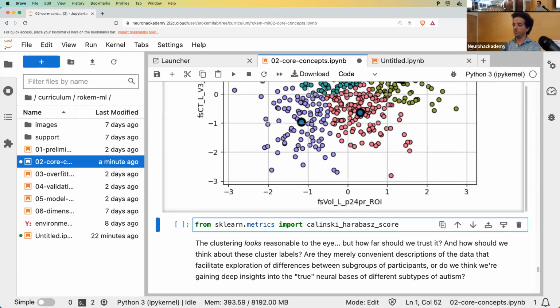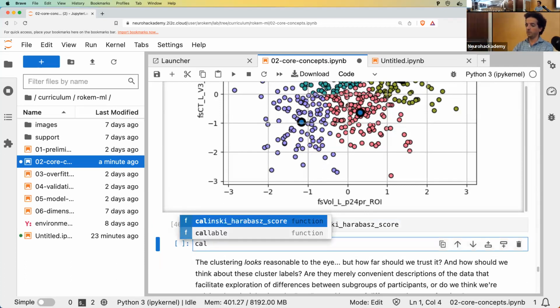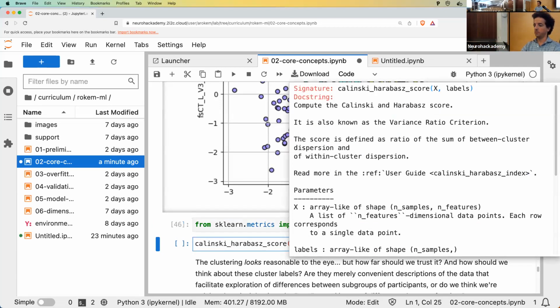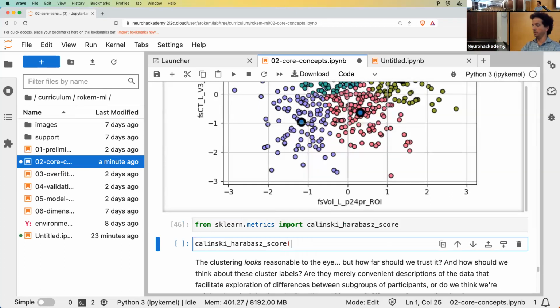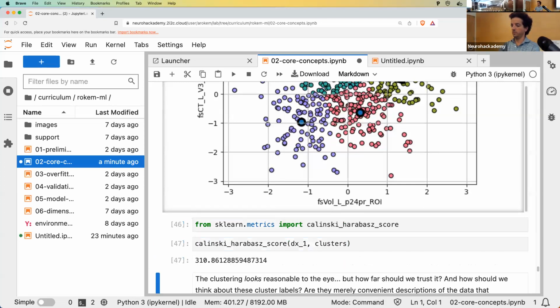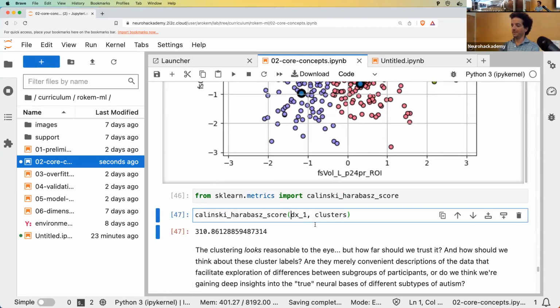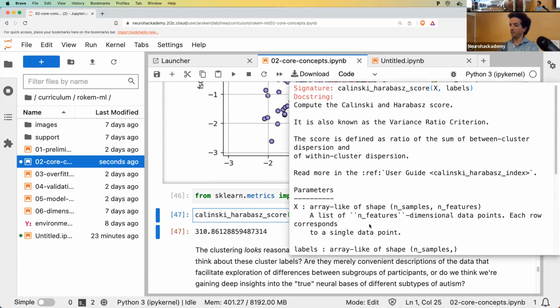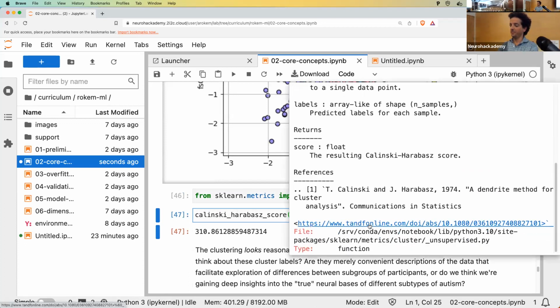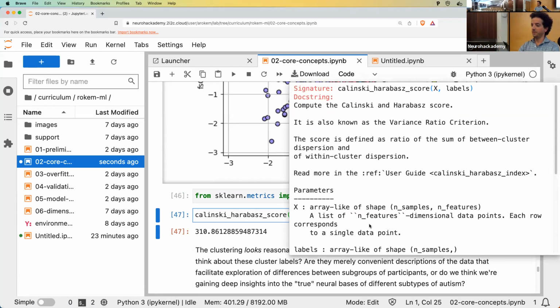There it is, Calinski-Harabasz score. The score is defined as a ratio of the between-cluster dispersion and within-cluster dispersion.